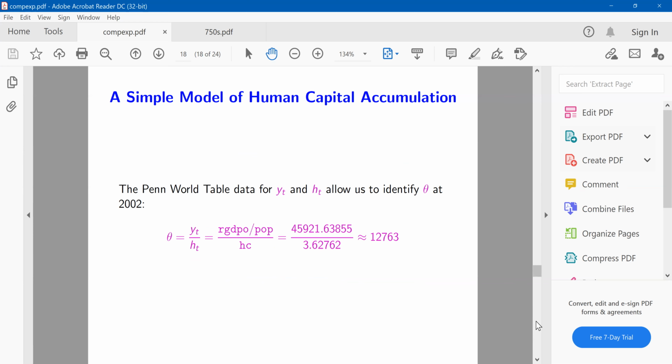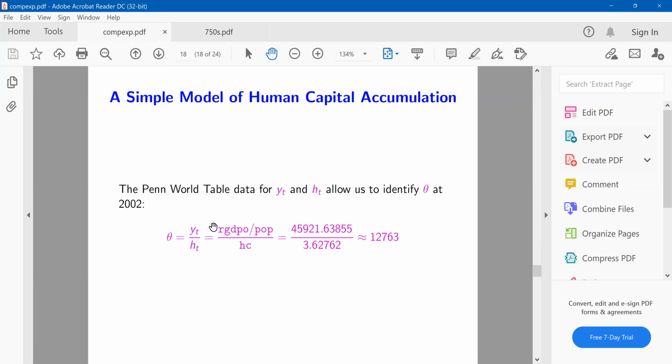Well, that's also very simple. Remember that there's this data source called Penn World tables, right? So in the Penn World tables, you have aggregate GDP, you have population, and you have human capital. Okay. Then what I did is go to the 2002 Penn World table.